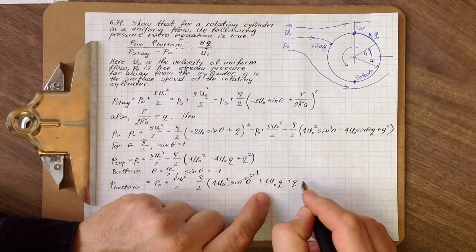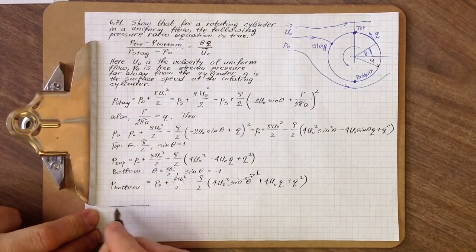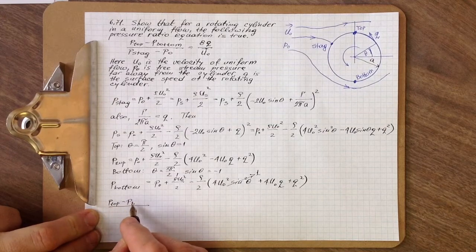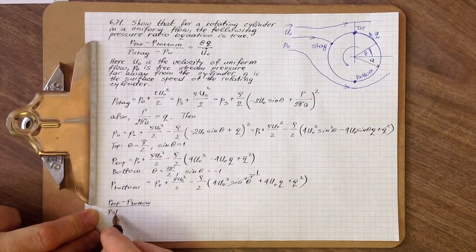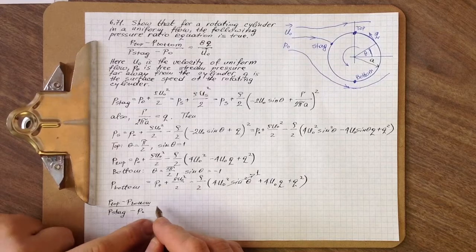plus Q squared. And now we can form the ratio P top minus P bottom, or P stagnation minus P naught.